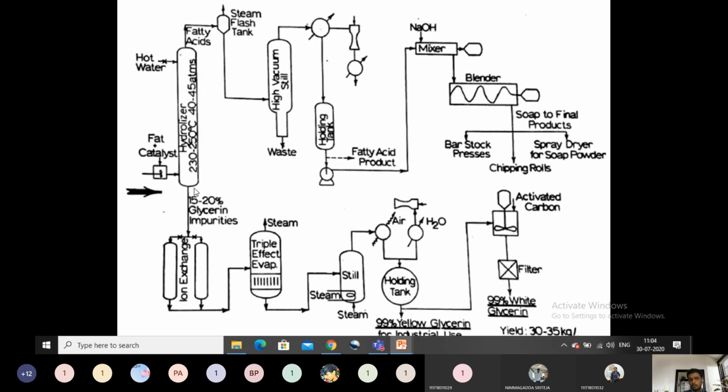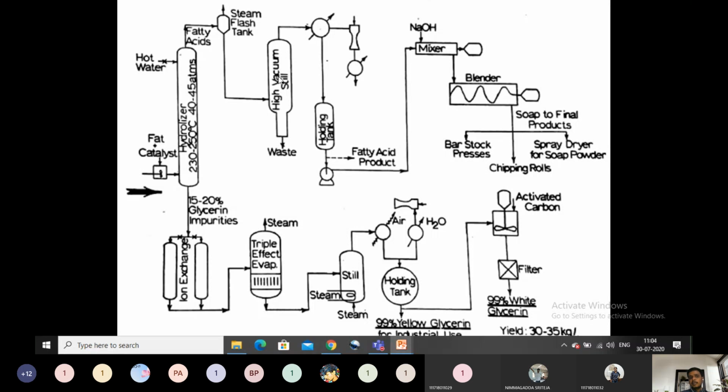The top product, fatty acids, will be sent to the flash tank in order to separate the excess steam used in the hydrolyzer. Then the crude fatty acids, as they are called, will be sent to a high vacuum steam distillation.